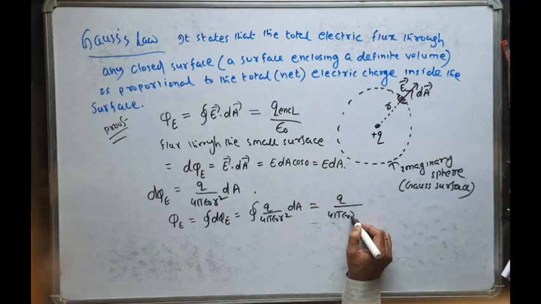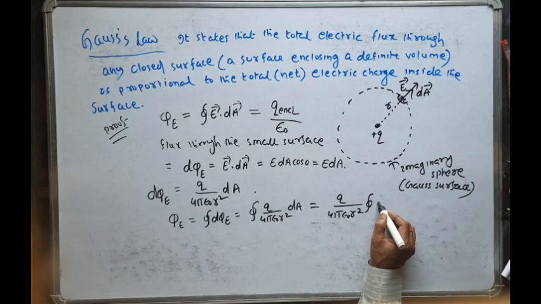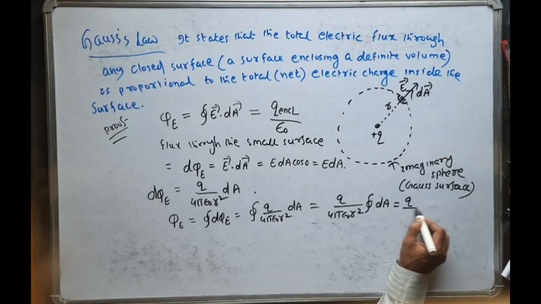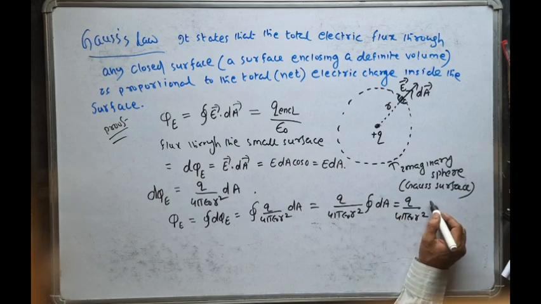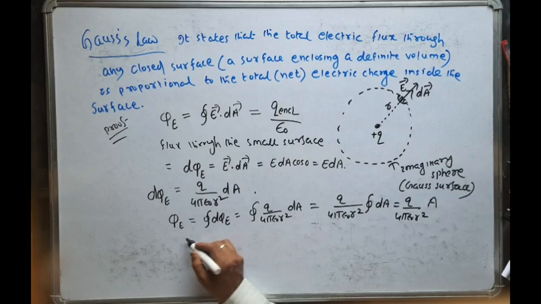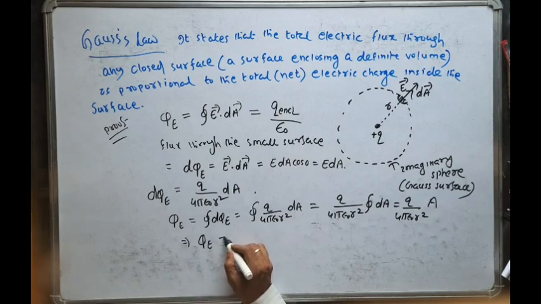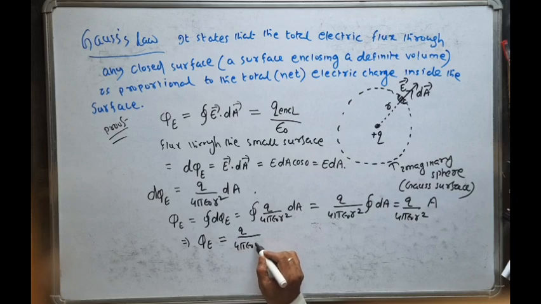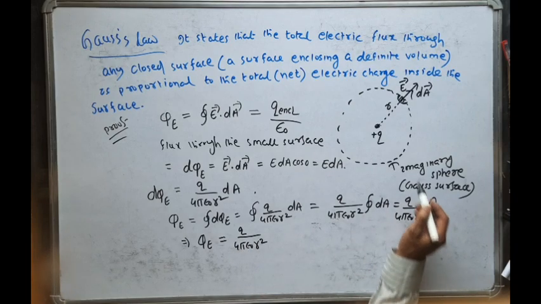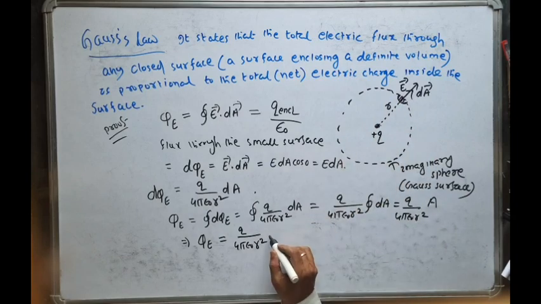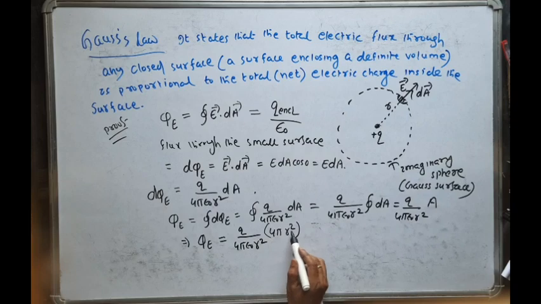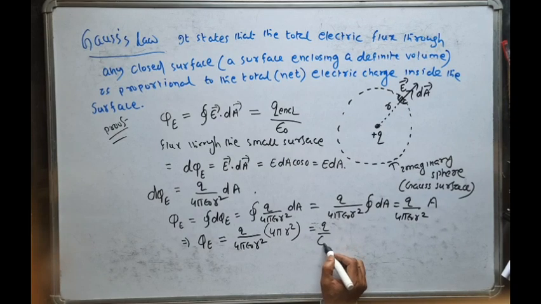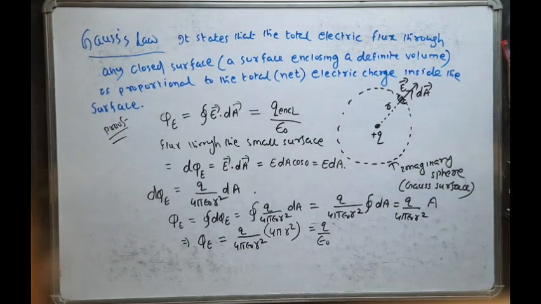That means r is also constant. So you have to integrate only dA. What is the integration of dA? It is the total area. So the electric flux through this whole surface is equal to q by 4 pi epsilon naught r square into area. What is the surface area of a sphere? 4 pi r square. So 4 pi r square cancels, and you get q divided by epsilon naught.